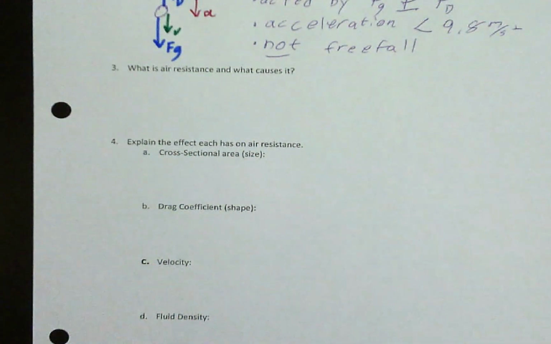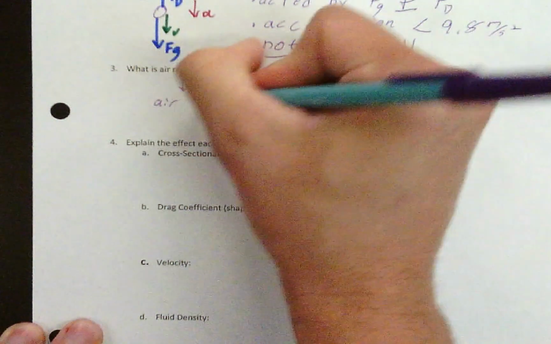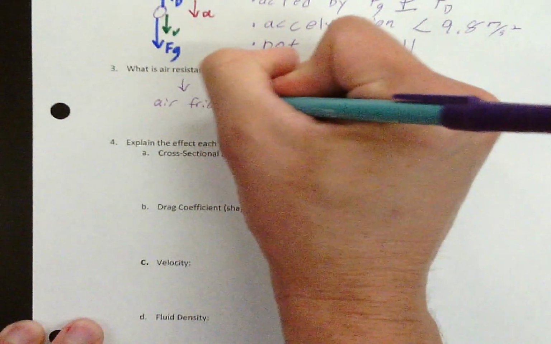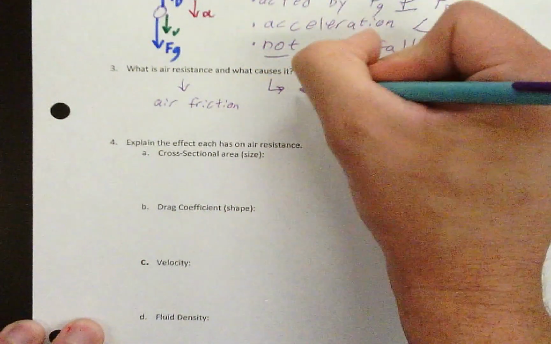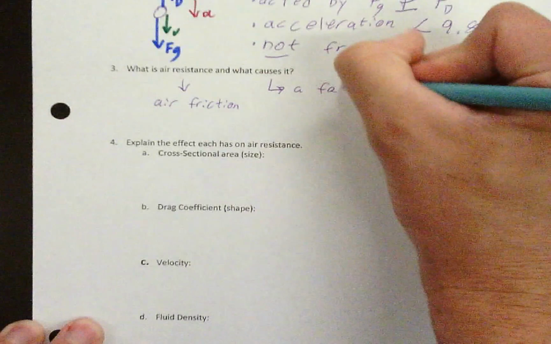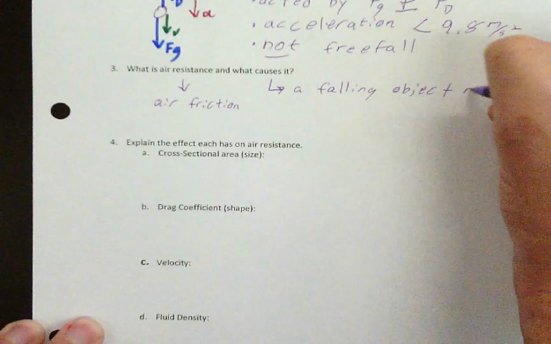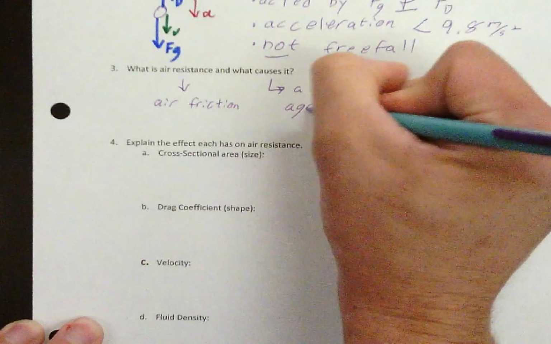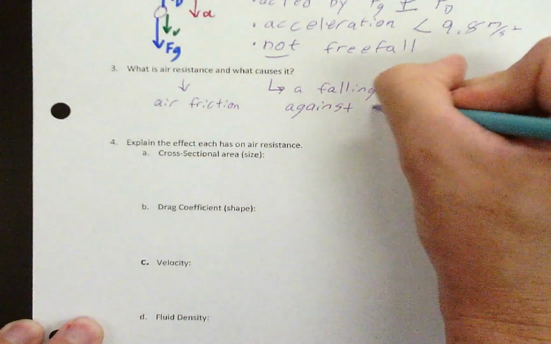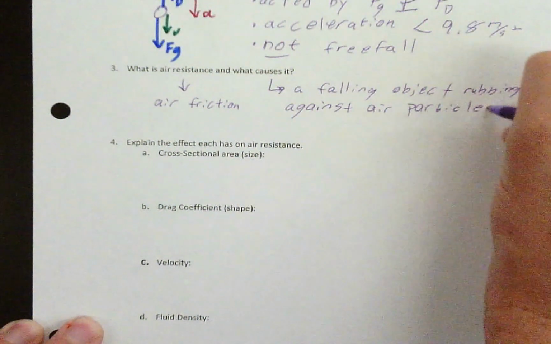Okay, so what actually is air resistance? Well, air resistance is essentially air friction. And it's caused by a falling object rubbing against air particles, which is what friction is, right?